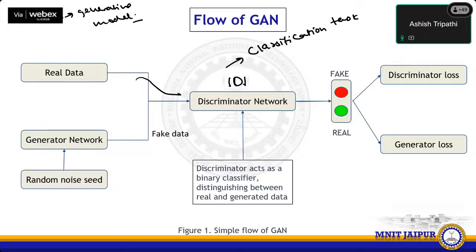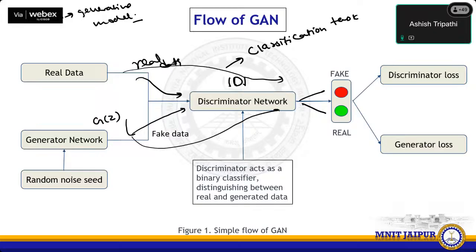One is the real data, and the other is the data generated by the GAN, that is G of Z. Got it? It takes data samples from the two sources, and it has to classify which one is coming from the real source, the real one, and which one is coming from the generator, the fake one.